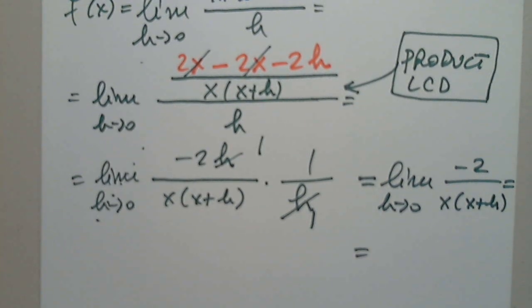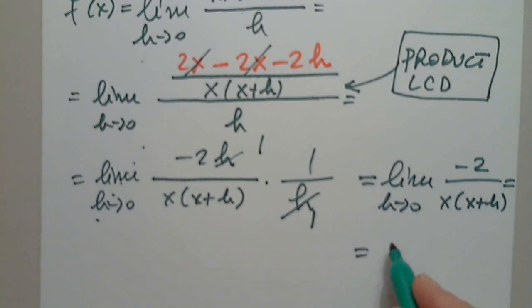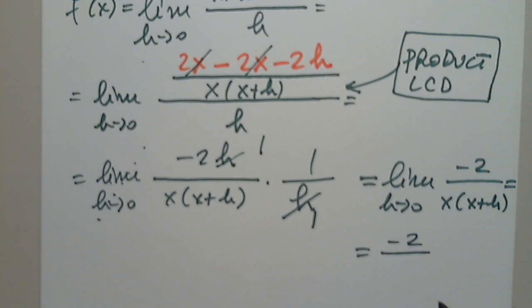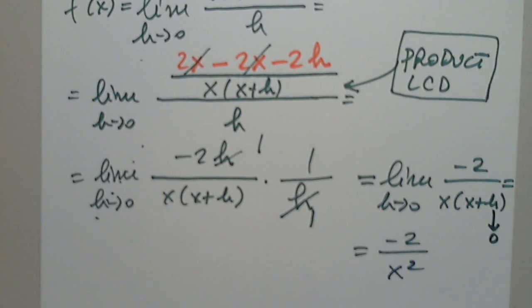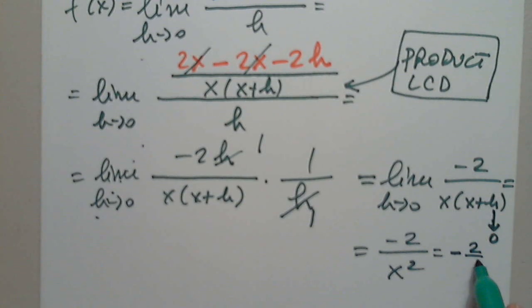What should I write? When h approaches 0, yes, go ahead. Negative 2 over x squared. That's it. Thank you so much. When h approaches 0, I only have x times x, which is x squared, and the numerator is negative 2. And you should rewrite it as negative 2 over x squared.